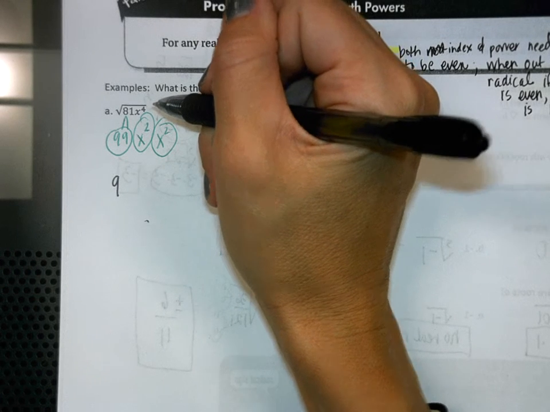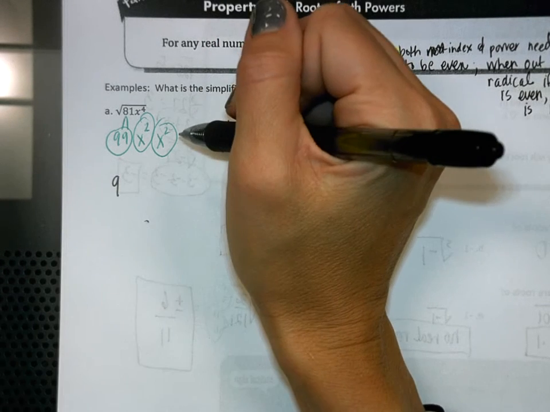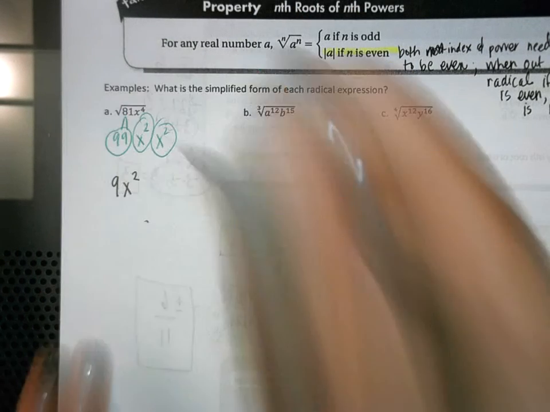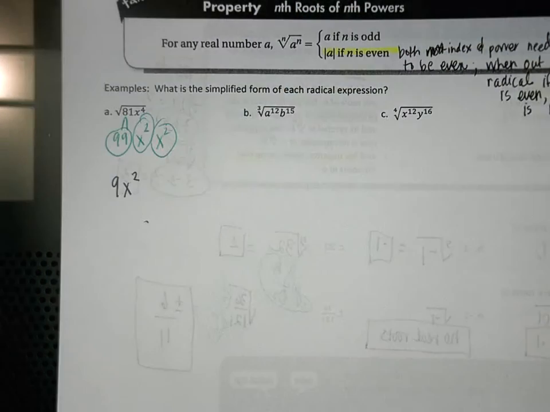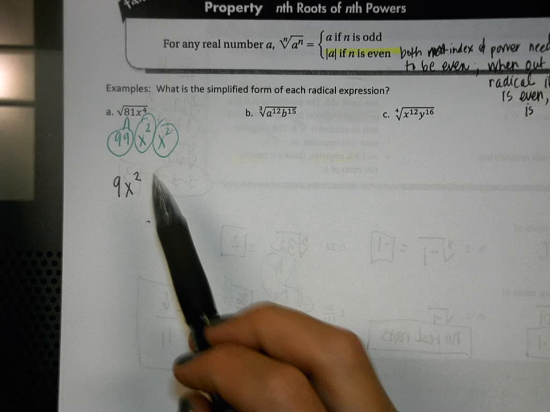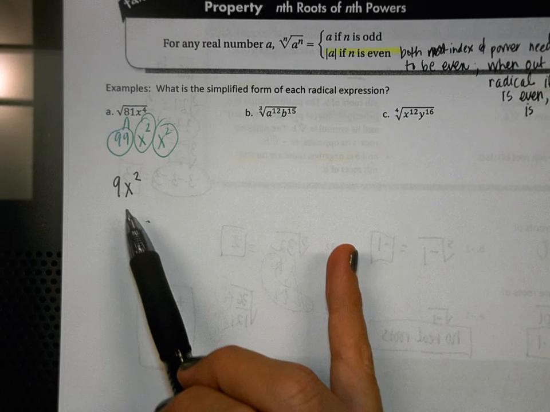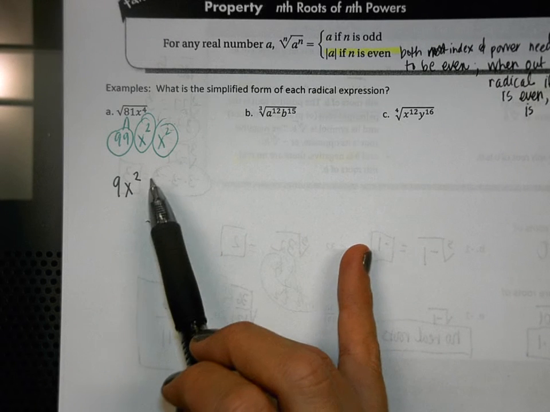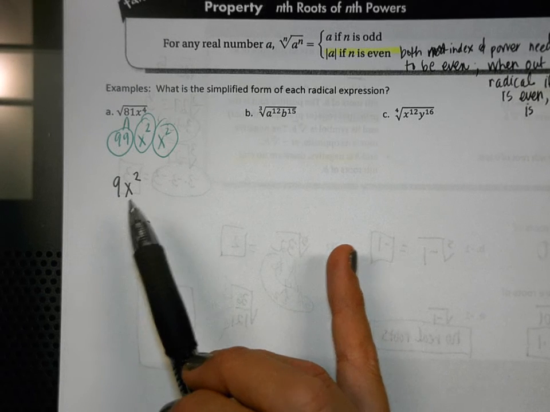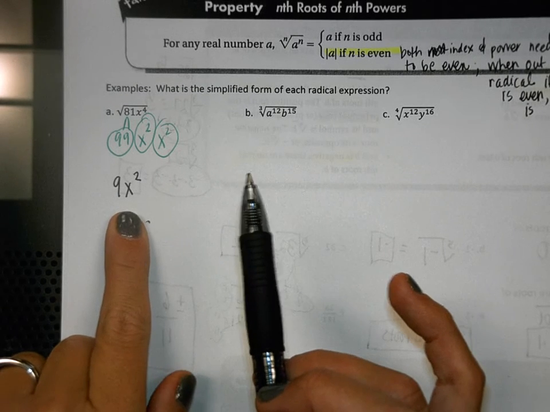But I have 2 groups, so that means I'm going to end up with x squared. Okay, so you know how we said that there's a chance that I might need absolute value bars around my variable. If x ended up being a negative number, and I squared it, it would end up making a positive. So I do not need absolute value bars around this, okay?